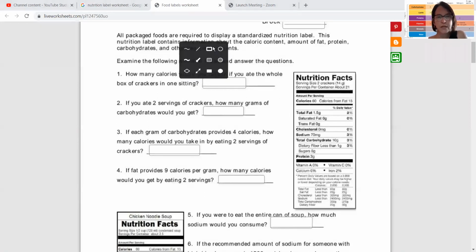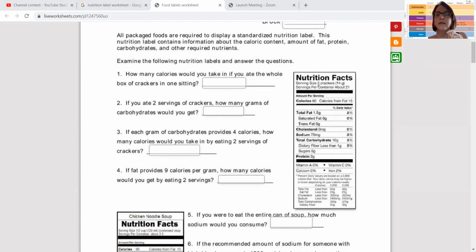And then the first question refers to how many calories would you take if you ate the whole box of crackers in one sitting? Again, if it tells you the whole box, the first thing you have to do is to see how many servings in this whole box are.